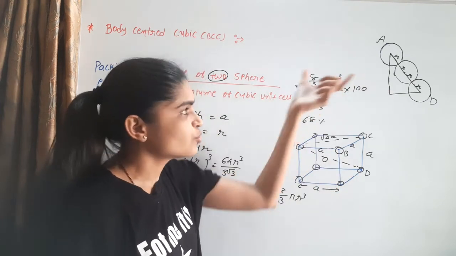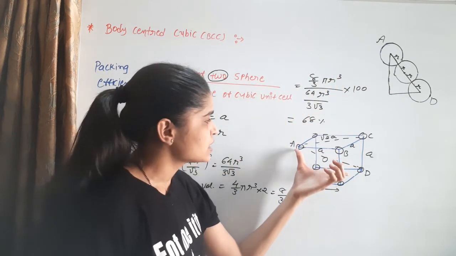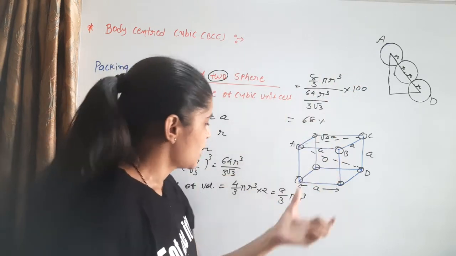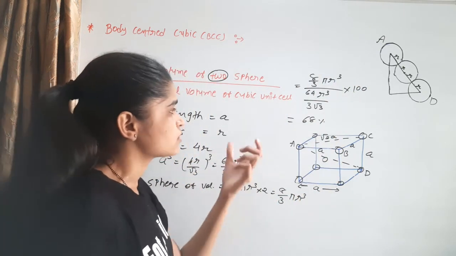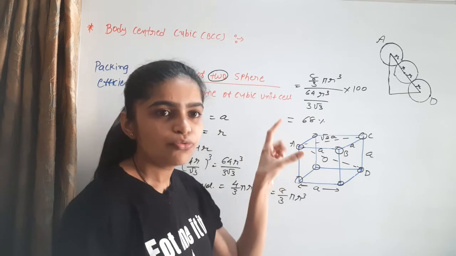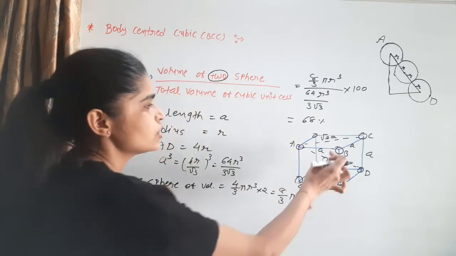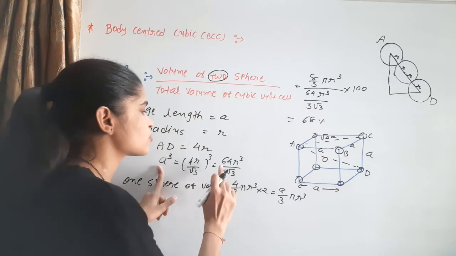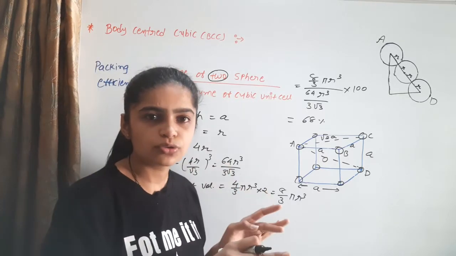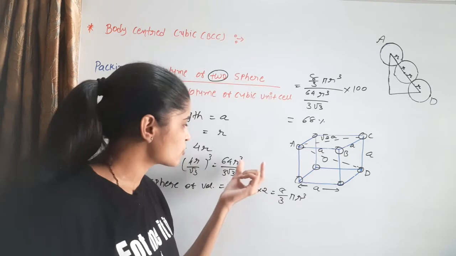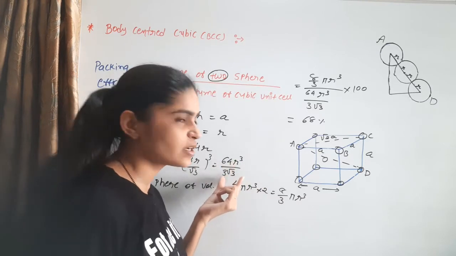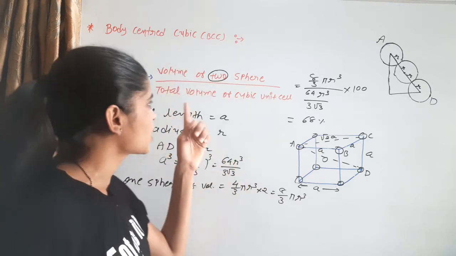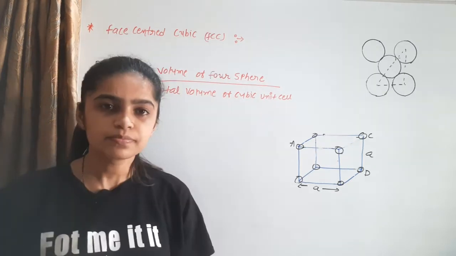AD is equal to 4R, and AD square gives the answer. So AD is equal to 4R, and 4R is equal to root 3 A. So we find out that A is equal to 4R by root 3. Then A cube is equal to 64R cube by 3 root 3. That way we find out the cubic unit cell volume.